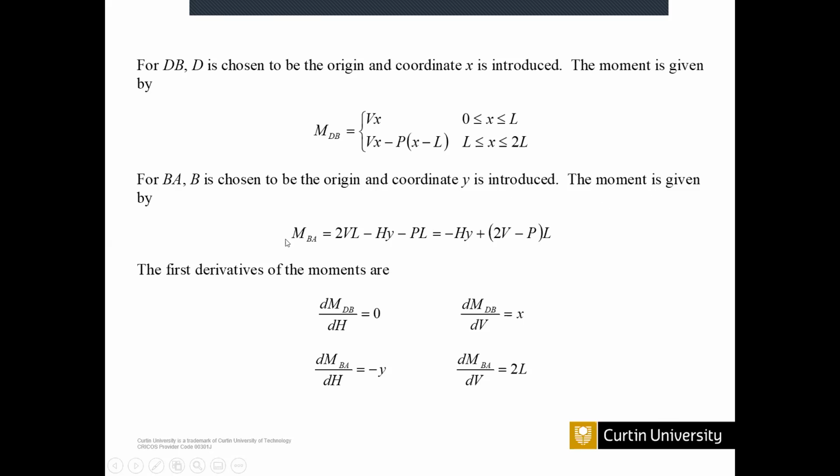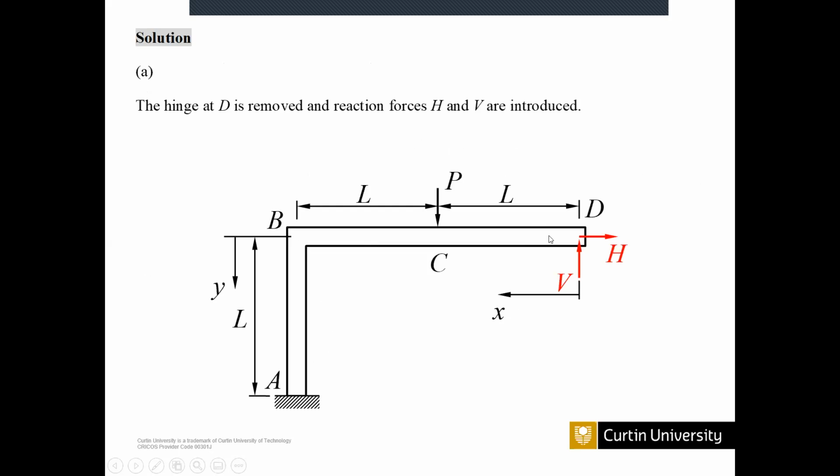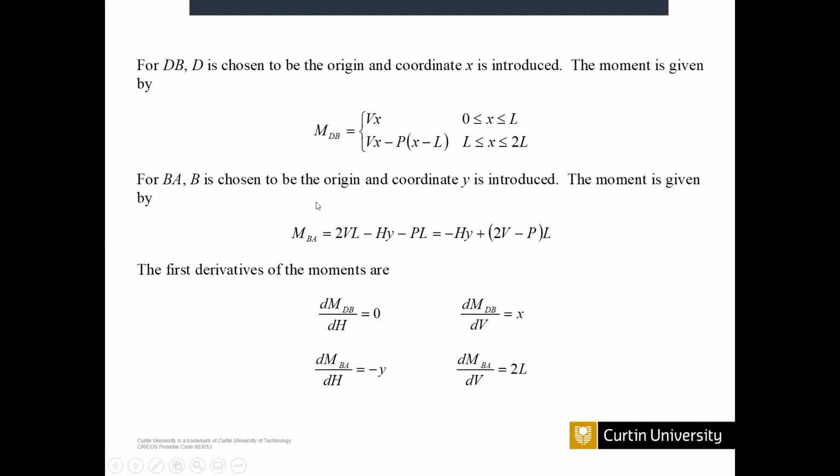The moment for the BA section, the bending moment, is 2VL. Here this is 2L. Due to this V there is a bending moment available here. If you transfer this V to here, you need to transfer it with the V force. You can mark here V with the bending moment V2L.